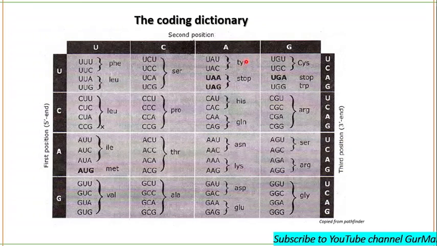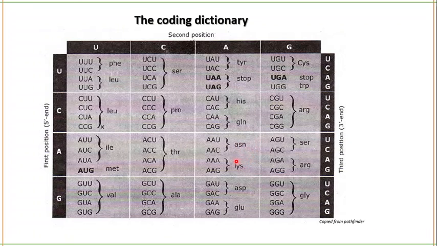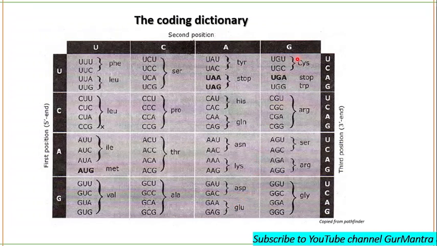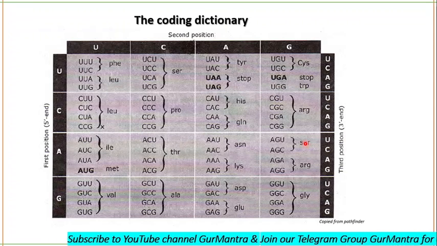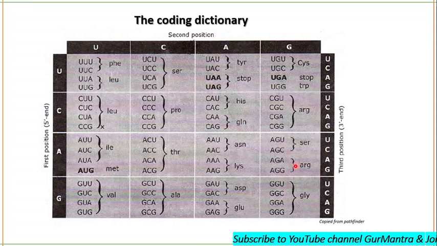See, tyrosine only 2, these are stop codons, histidine 2, glutamine 2, asparagine 2, lysine 2, aspartic acid 2, glutamic acid 2, cysteine 2, arginine 6, and serine is actually having, I think, 6, yes, it has 6, and glycine 4. You have to remember this.